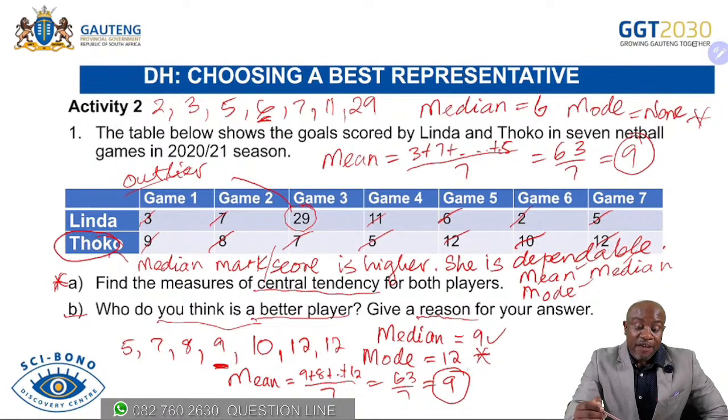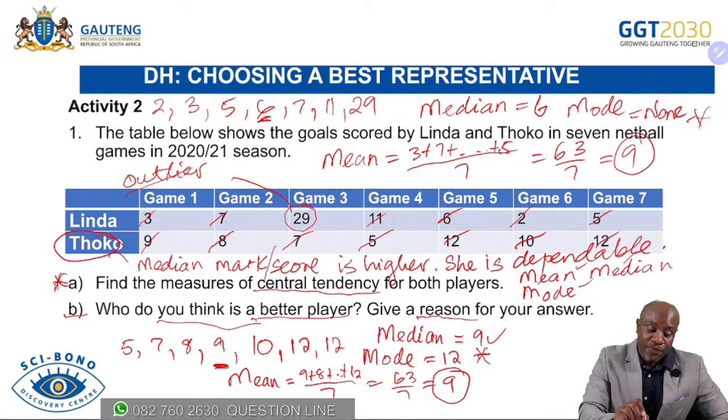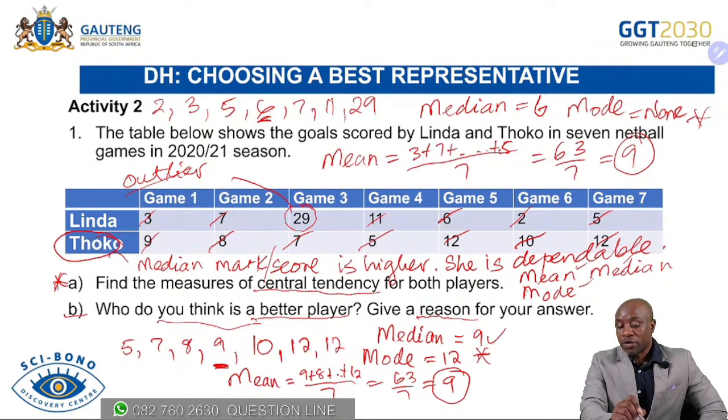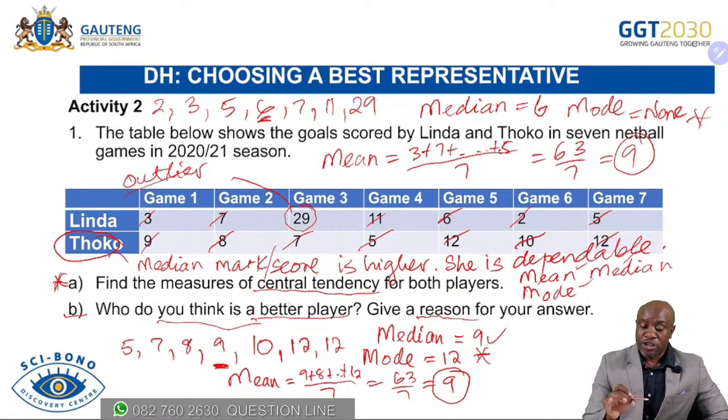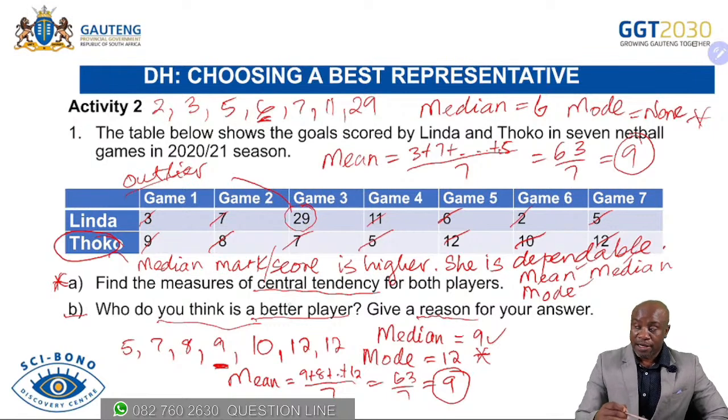Now we need to look at the median, because there is an outlier. On just one game, Linda scored 29. If I were a coach, you know what I'll do? I will work with Linda and put her on a short tournament, because she can do very well in a tournament, or make her a super sub, because on a good day she can score high goals.